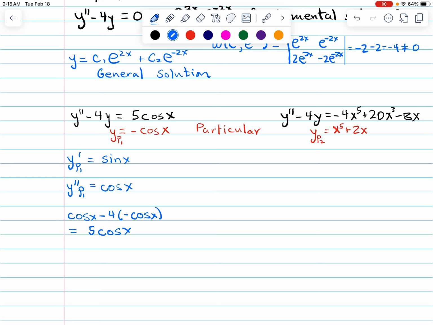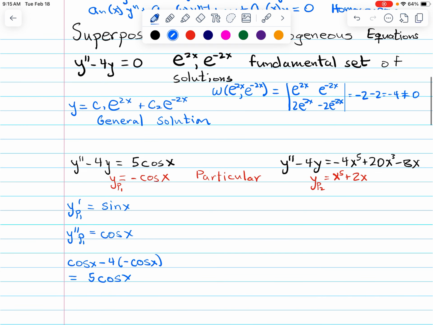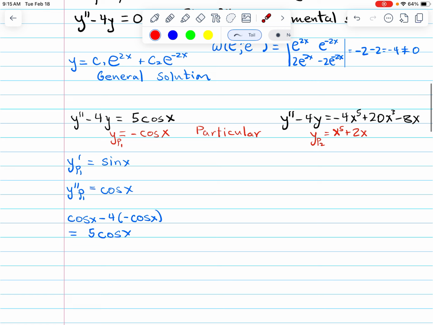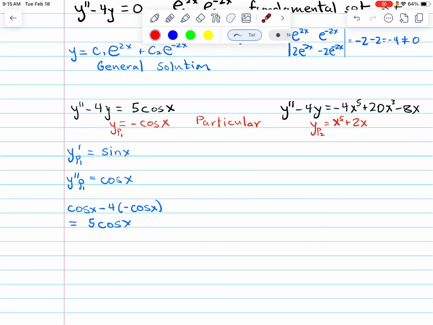Okay. Now, something I want to show you. We also know that for the homogeneous case, we've got a solution up here. So here's what I want to bring out. First, we can talk about the general solution this way. We can say c1 e to the 2x plus c2 e to the negative 2x, plus the particular solution, negative cosine x.